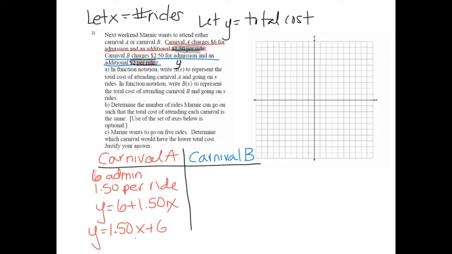Okay, so Carnival B, we know it is $2.50 for admission. And then it's going to be $2 per ride.